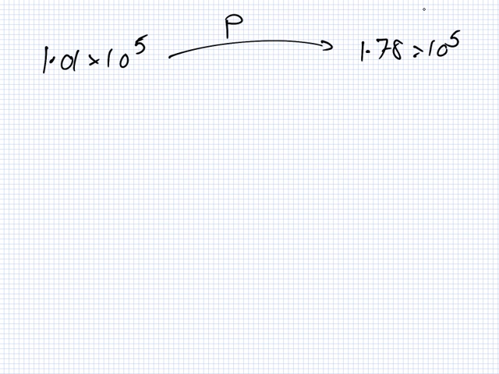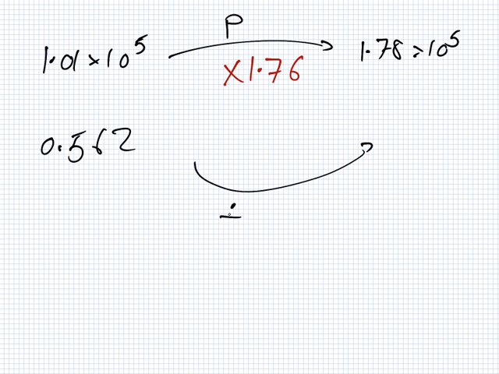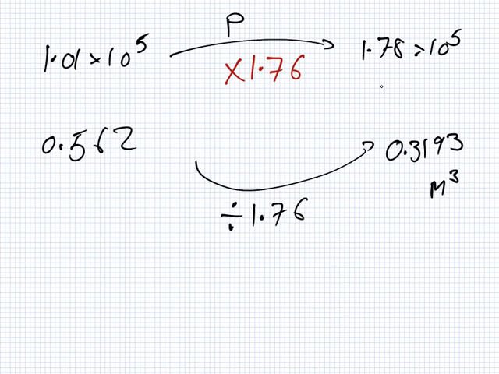So did the pressure get bigger or smaller? It got bigger. We multiplied it by 1.76. So what should happen to the volume? Yeah, the volume, we should divide it by 1.76. And I get 0.3193 meters cubed.